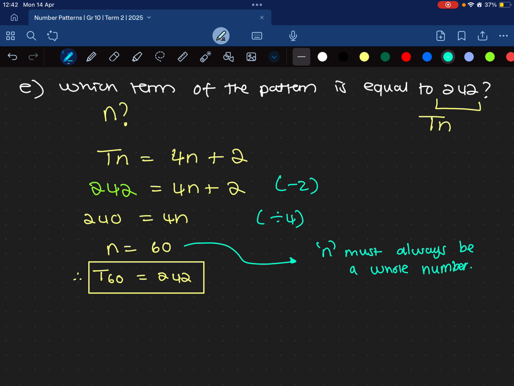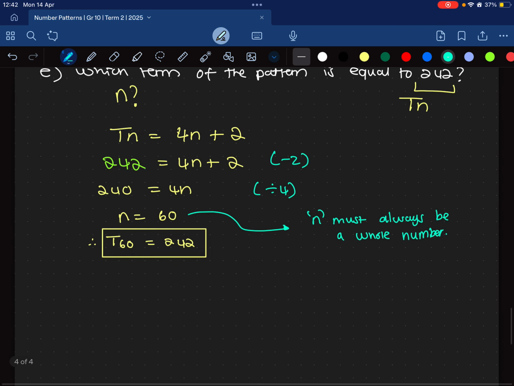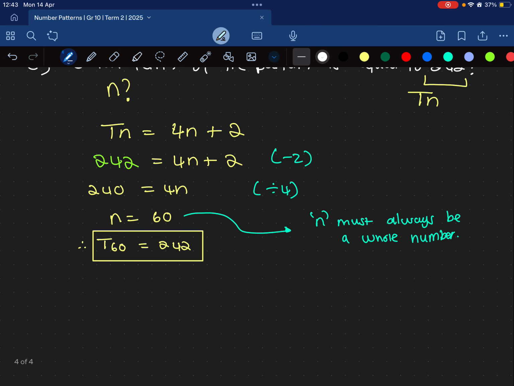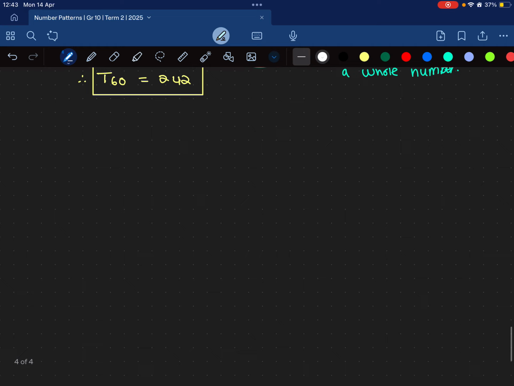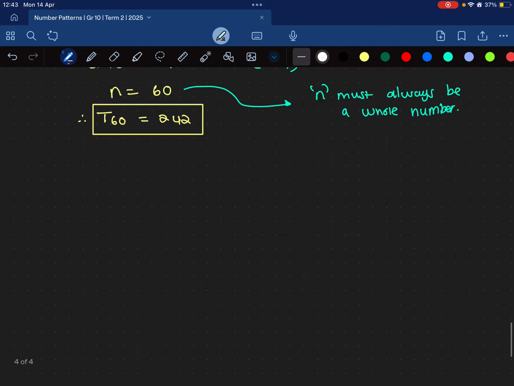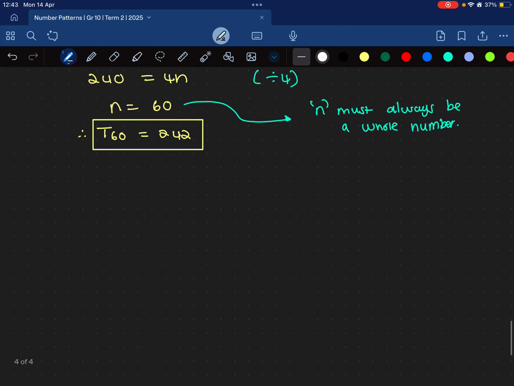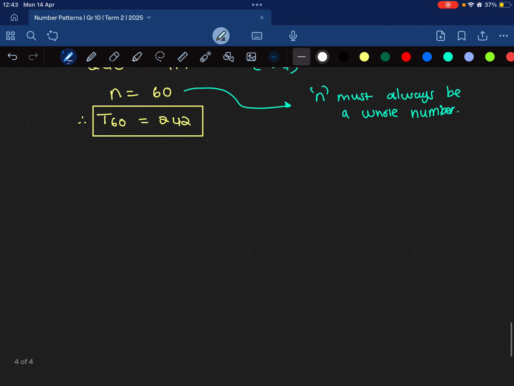Okay, so let's consider a general example. I'll give you a try, and then you can pause, you can do the try, and then I'll give you the answer. So your try is going to be 3, 8, 13, 18.